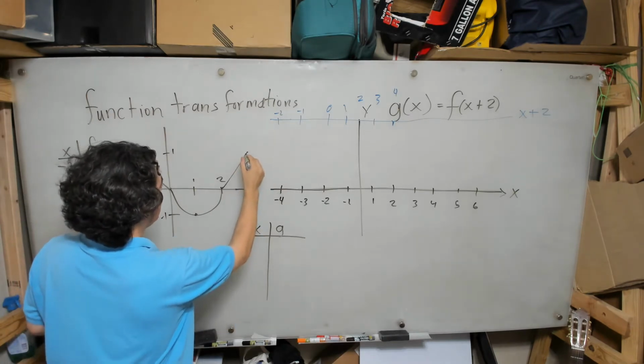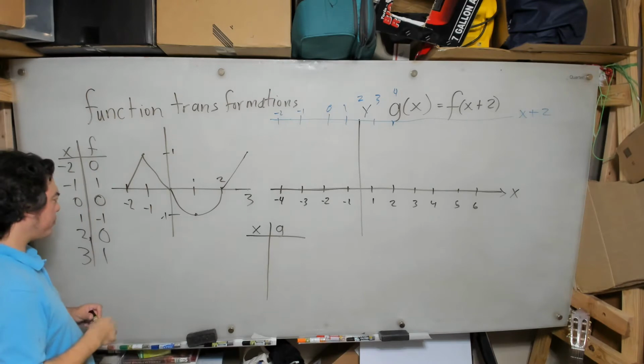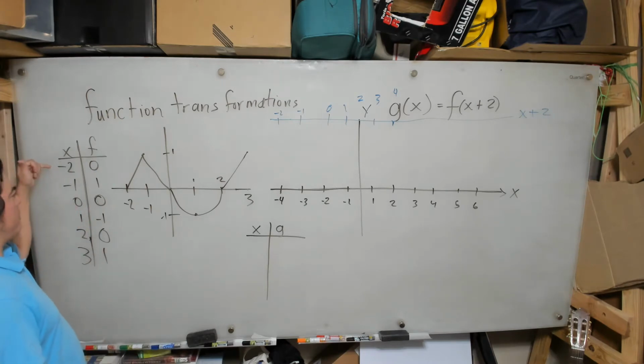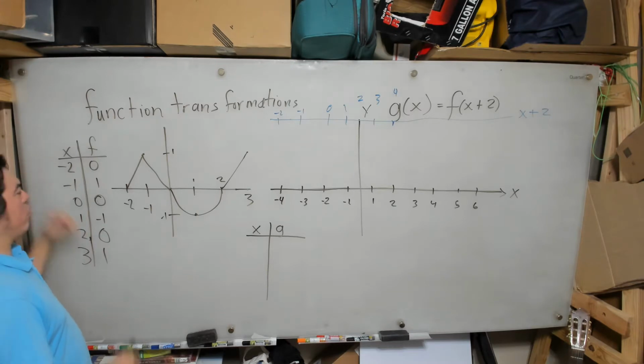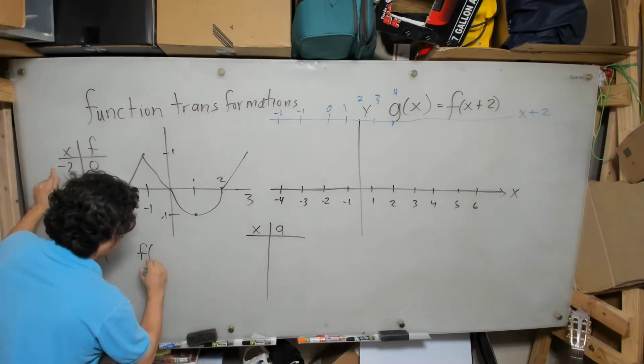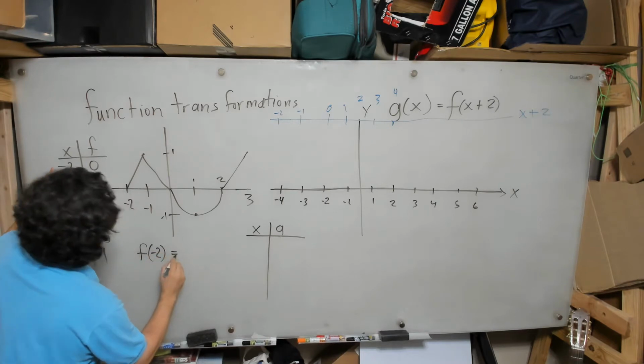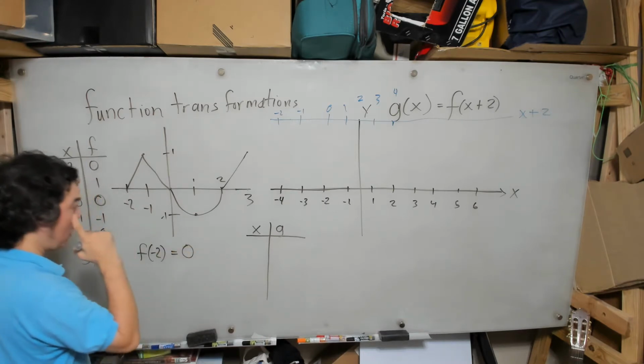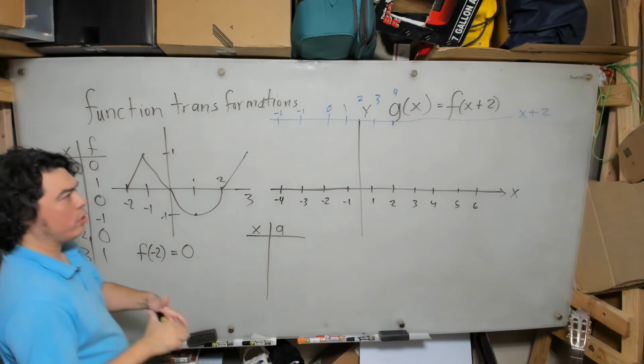So we know from this table that f of -2 will equal 0.